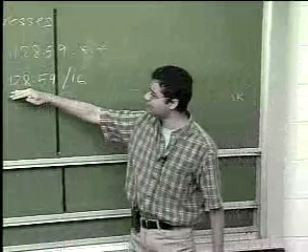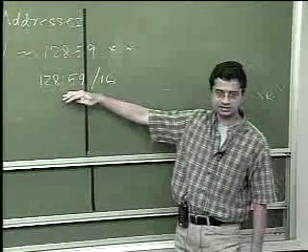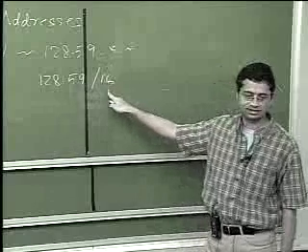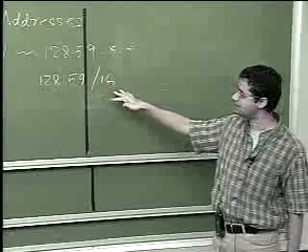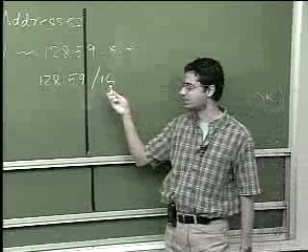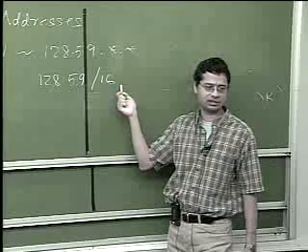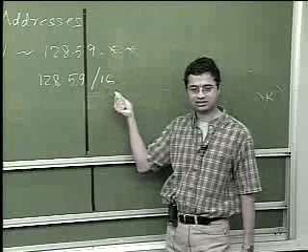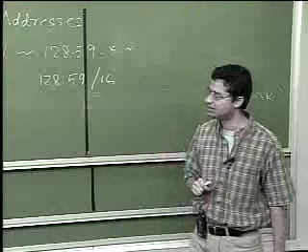So 128.59 is the unique prefix for all machines connected to the Columbia network, and 16 is the network length in bits. What that means is that this network has up to 2 raised to 16 possible machines connected to it, or 2 raised to 16 network addresses assigned to this network. So this is the Columbia address in the CIDR format.